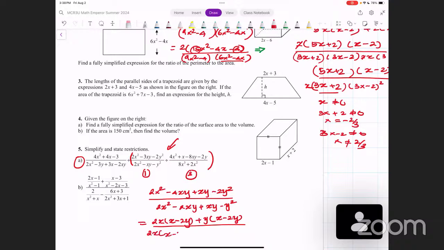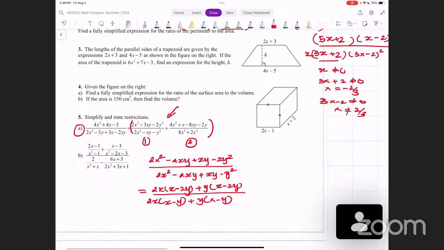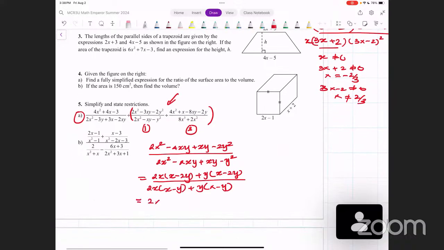So there's going to be x minus y plus y, x minus y. And then that's being factored: 2x plus y into x minus 2y, over 2x plus y into x minus y. Now the beauty here is we got 2x plus y. 2x plus y is a factor in both numerator and denominator, isn't it? But we're not going to simplify that. And then you already just did the other part.